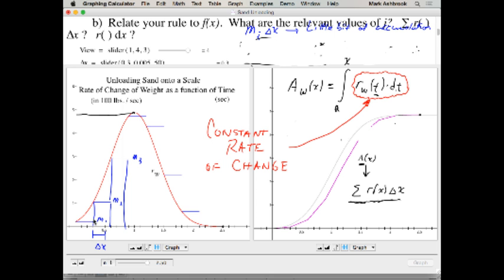So that's the y value of this function, and that's r of x for this rate. When we summed up these r times delta x, it could be construed as the formula for the area of a rectangle: width of the base times the height each time. Width of the base delta x, height being the rate.